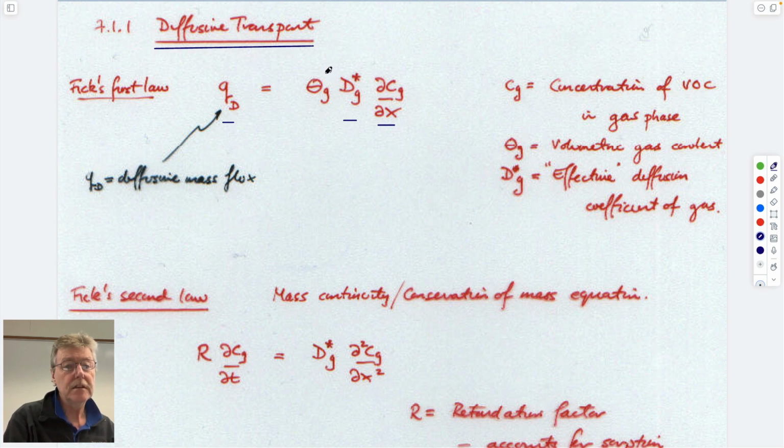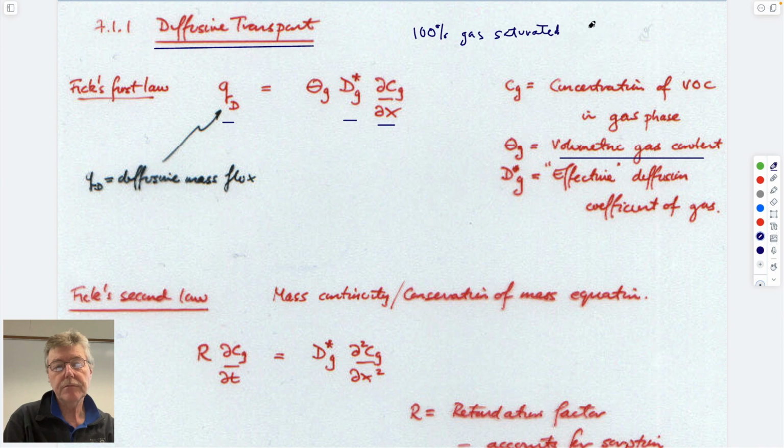So this is the effective gas content, volumetric gas content by volume. When 100% gas saturated, then the gas content is equal to the porosity, right? Because there's nothing else, no water, so by definition.